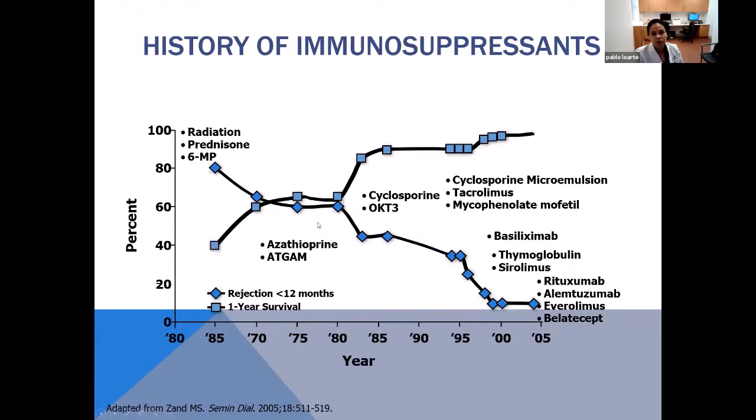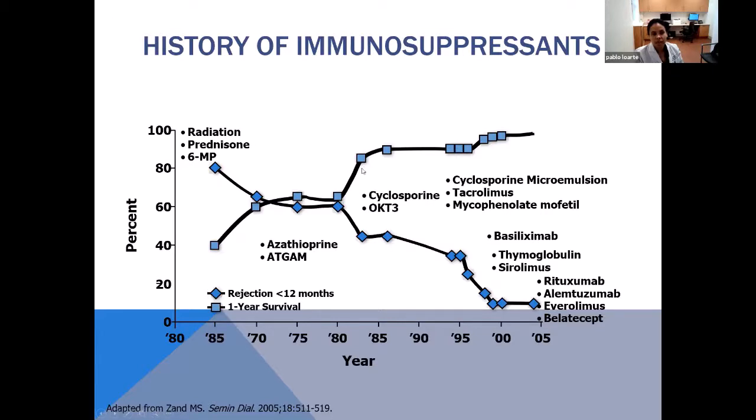Then as we developed the newer immunosuppression, you can see that the graphs cross and you have significant improvement in 1 year graft survival, to the point that graft survival is over 90%. And the risk of rejection at 1 year is around 5 to 10%. And this is because of the newer immunosuppression, the tacrolimus, mycophenolate, and thymoglobulin.